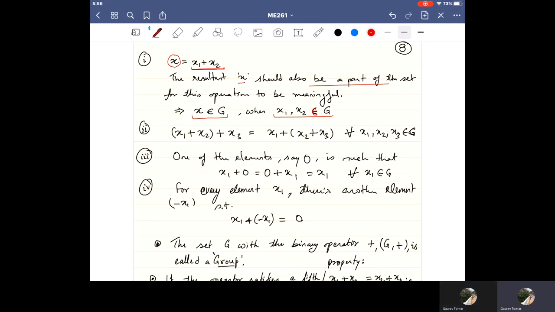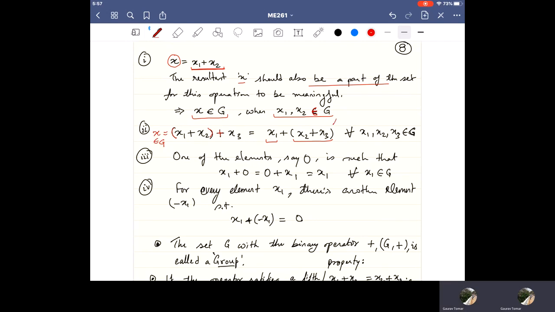Okay, the second property of this special operation is that if you add x1 plus x2 and then add x3, then this is equivalent to adding x2, x3 first and then adding x1 to the resultant. And these would result into the same element x, which is part of the set G. Okay.